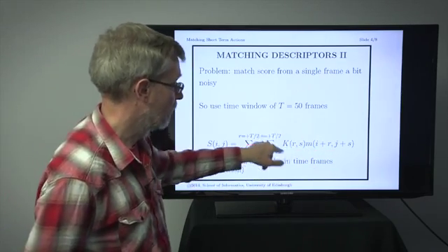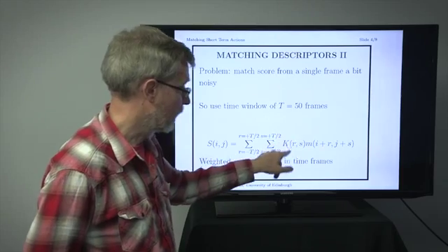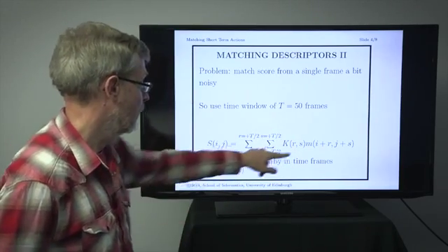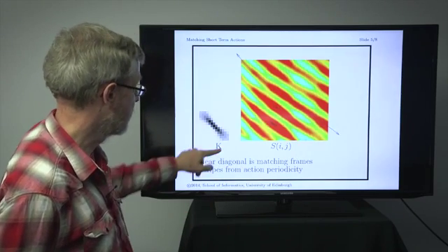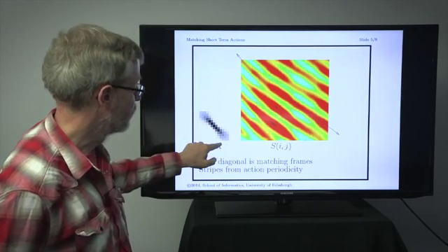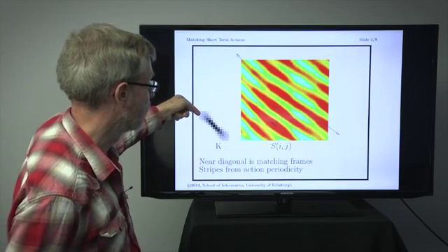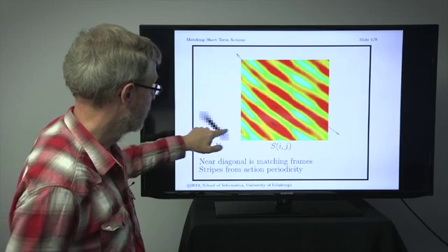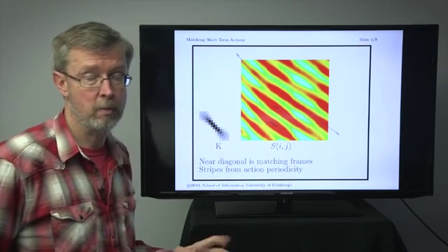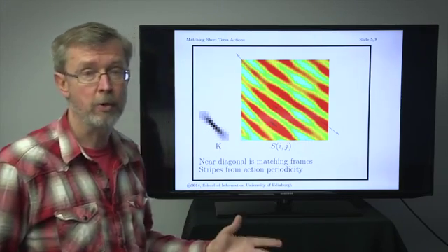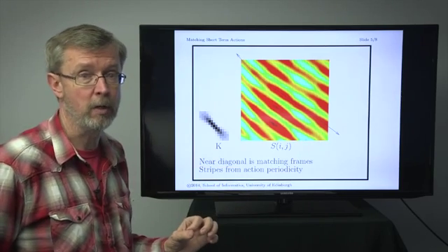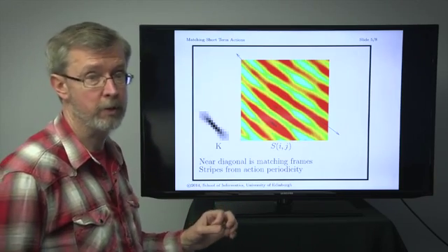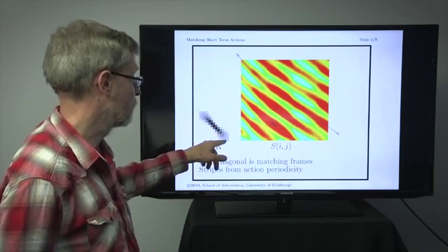But we take account of a convolution function, a little filter that's geared towards consecutive frames. In fact, we can see that little convolution filter right here, where you can see it has a lot of weight along the diagonal, which emphasizes consecutive frames. It's a little bit blurred off the diagonal, and that's partly because people, when they perform actions, don't perform them at exactly the same rate every time, either because it's different people with slightly longer legs when they're running, for example, or just because of natural variation.